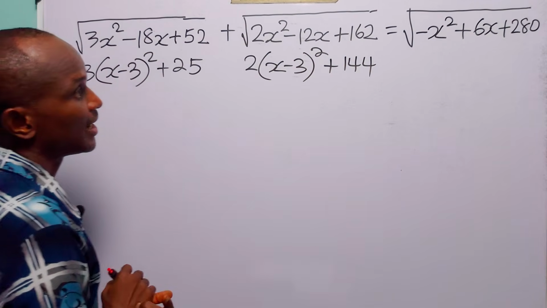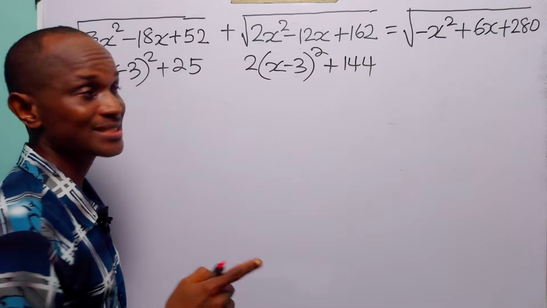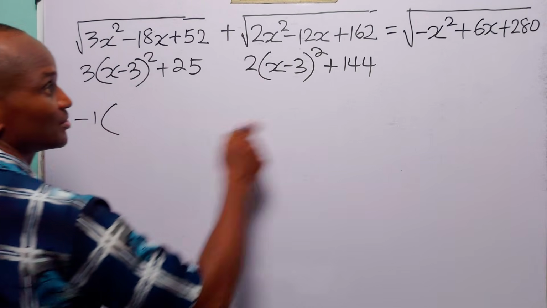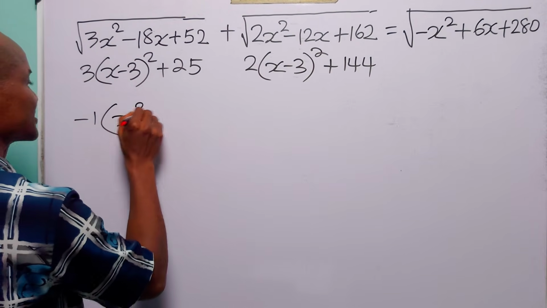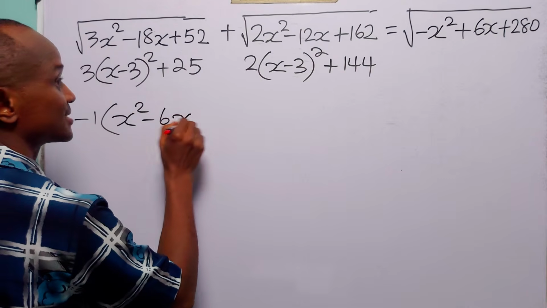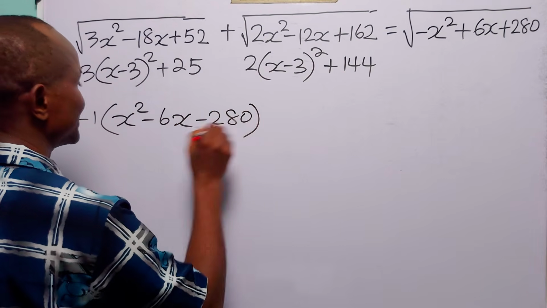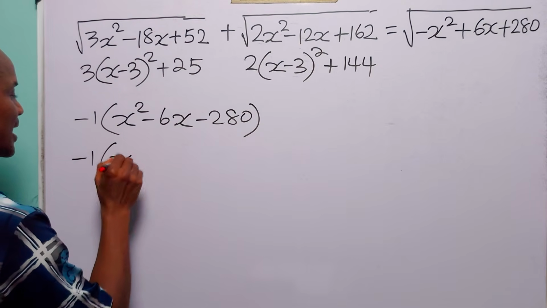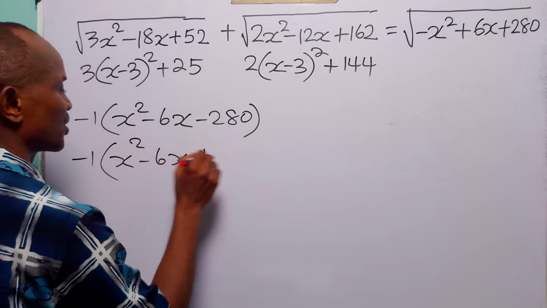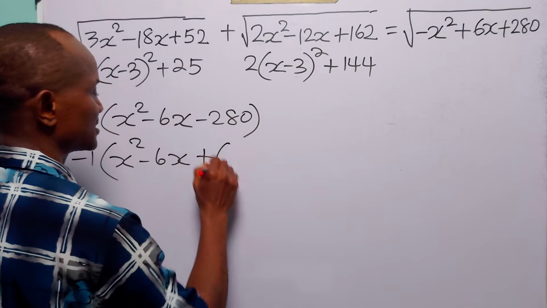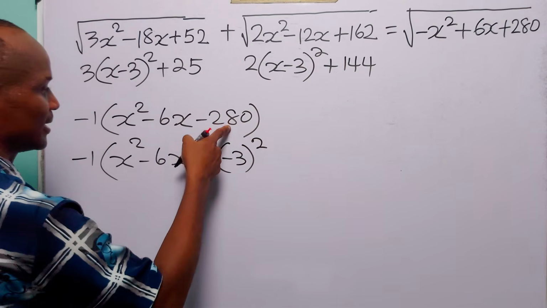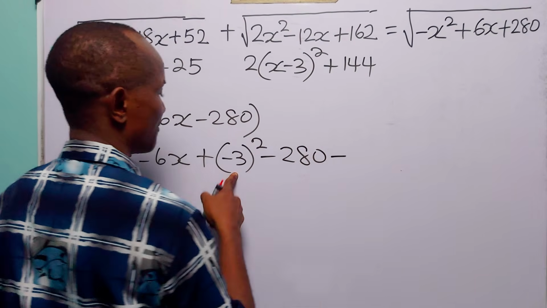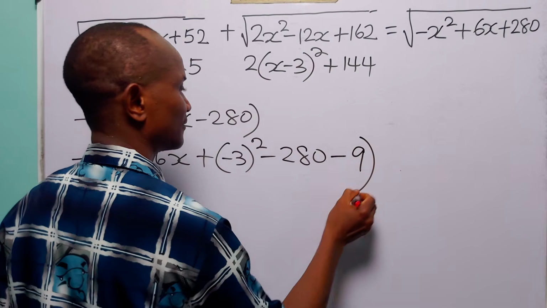And for the last quadratic expression, we start by taking minus 1 out of the expression. So we have minus 1 into x squared minus 6x minus 280. Now we complete the square. We have minus 1 into x squared minus 6x plus, minus 6 divided by 2 is minus 3. We square. Then we have minus 280, and of course we subtract. Minus 3 squared is 9.